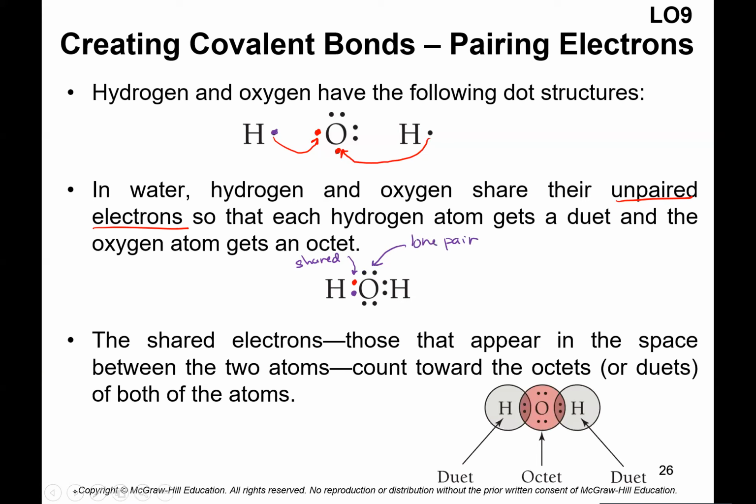So let's look at that a little bit more. The shared electrons are those that appear in the spaces between the two atoms, and they're going to count toward the octet rule, or the duet rule if you have hydrogen, of both of the atoms, right? So you have a hydrogen here on the left-hand side. You'll see that these 2 valence electrons are now being shared by both hydrogen and oxygen.